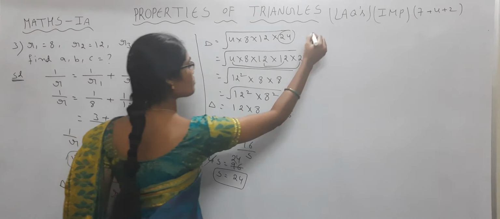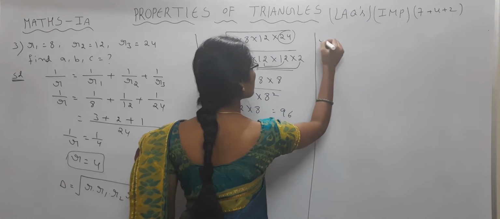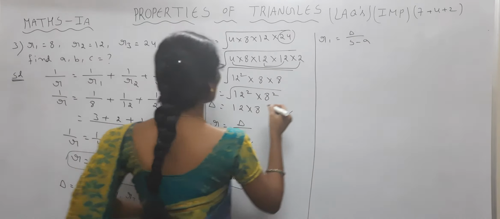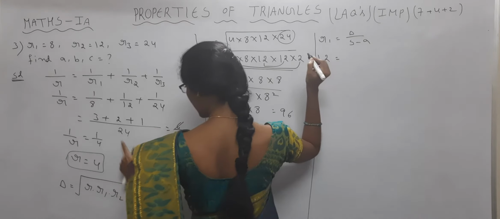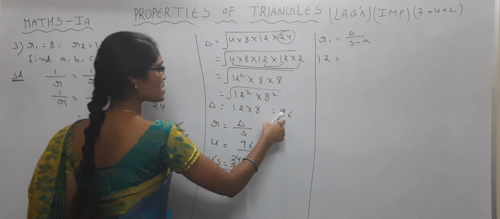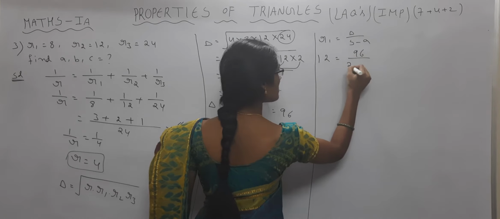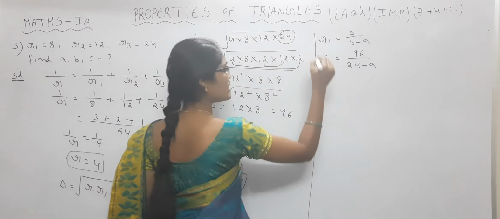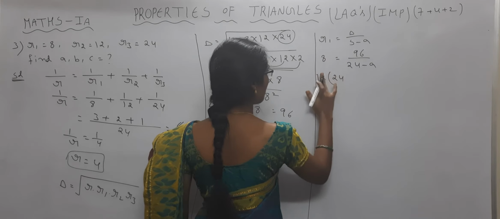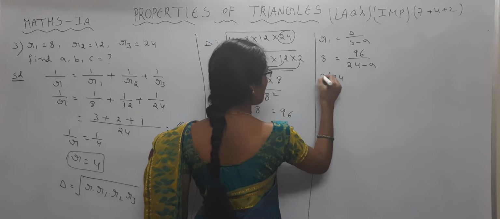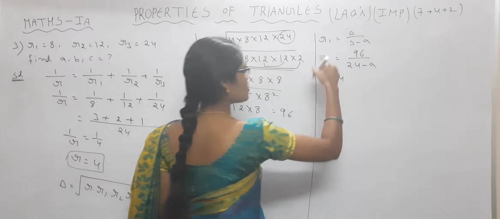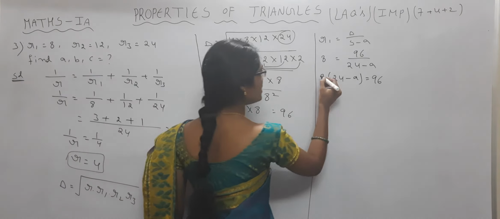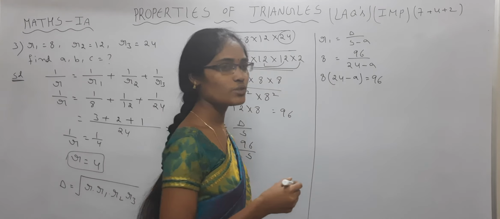So now go for the first formulas. R1 is equal to delta by S minus A. What is the R1 value? The R1 value is 8, the delta value is 96, and the S value is 24 minus A. Now you have to find the A value. So take the cross multiply. 8 into 24 minus A is equal to 96.